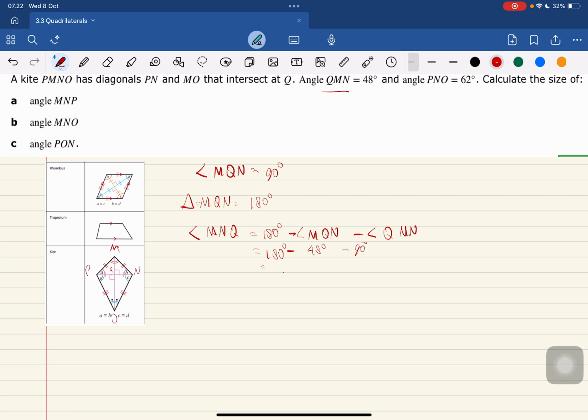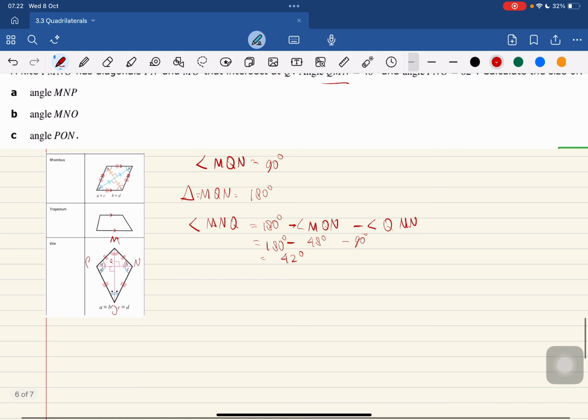So this angle is equal to 42 degrees. Okay, we got MNQ.